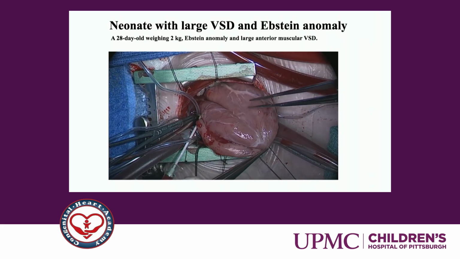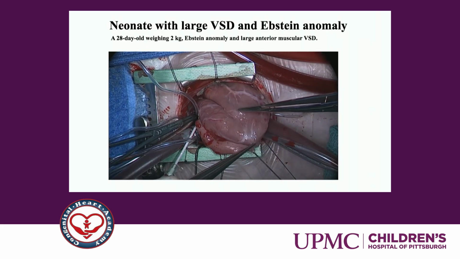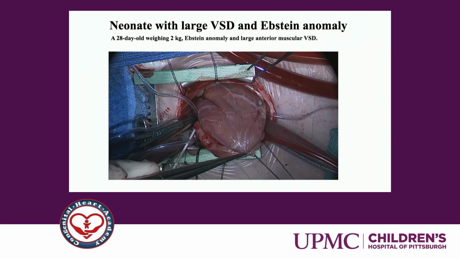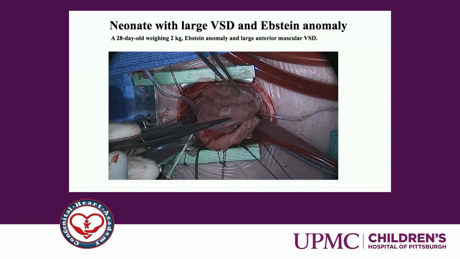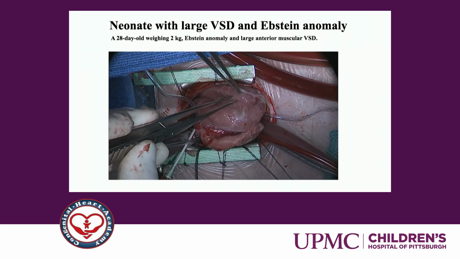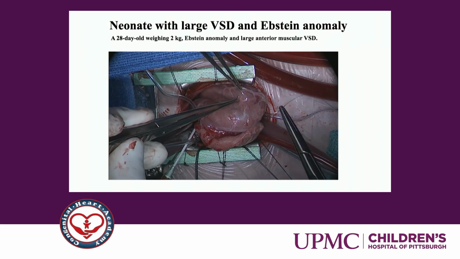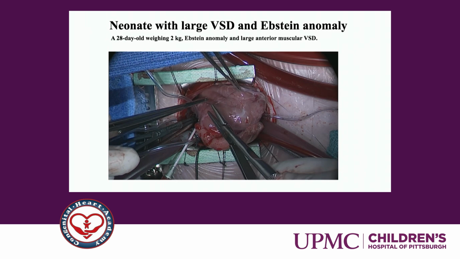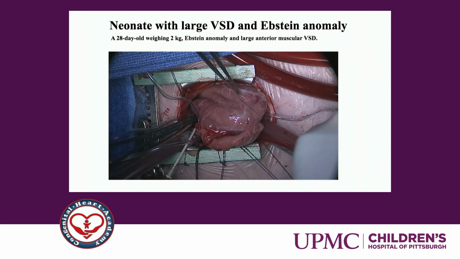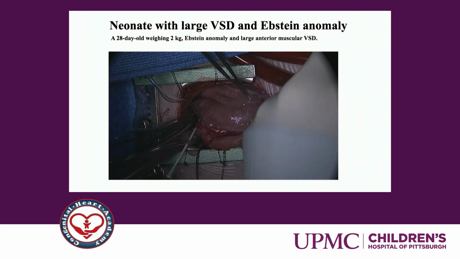So an attempt is made to look at the VSD from the tricuspid valve, but it was not possible to reach it. So now an incision is made in the right ventricle, and you see the left anterior descending coronary artery in between the left ventricle and right ventricle.